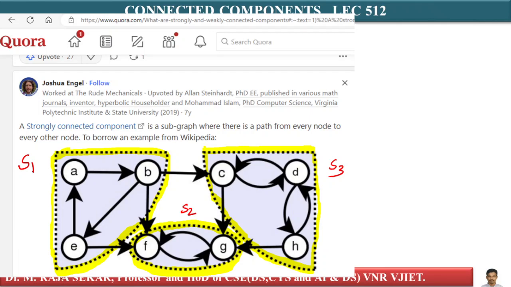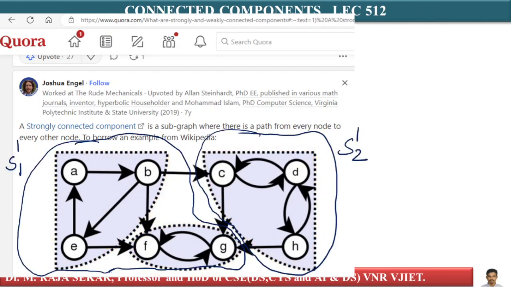Now the question is, why did we break it into three subsets? Let's assume we break it into two subsets instead, the first subset S1 dash and the second subset S2 dash.